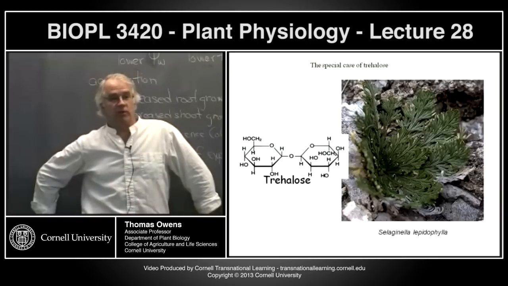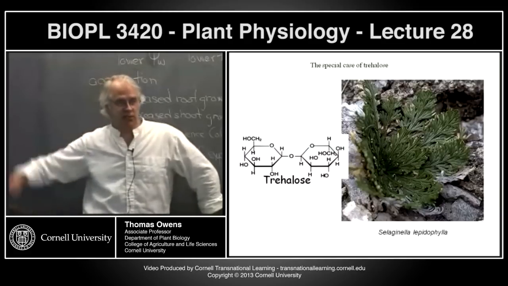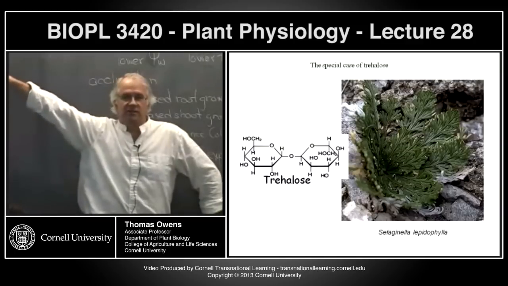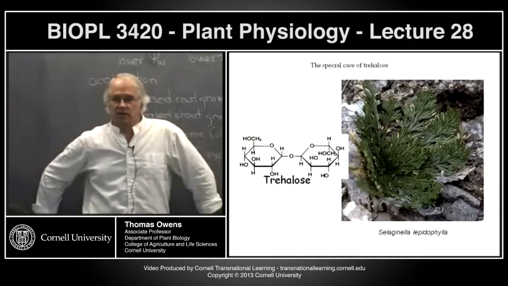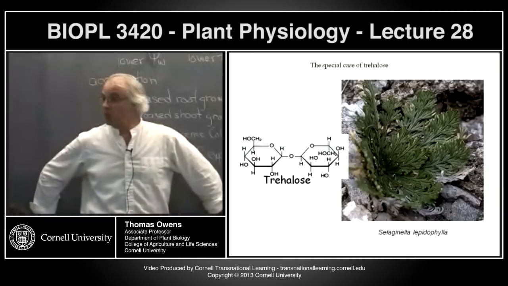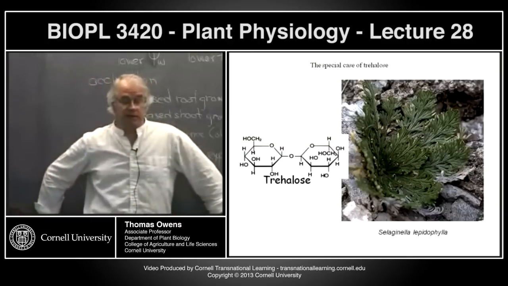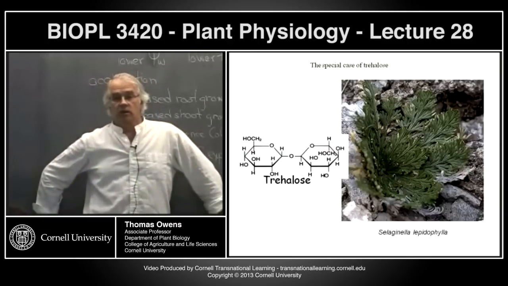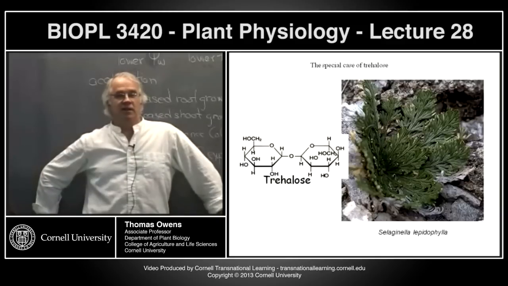And so when they first started talking about what genes should we put in rice to make it more stress tolerant, the first thing I said to them was trehalose. There's two enzymes. In fact, in some bacteria, those two enzymes are linked together into one enzyme to take glucose and make it into trehalose. So put these enzymes into rice, and rice becomes very stress tolerant.